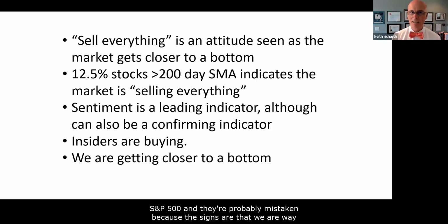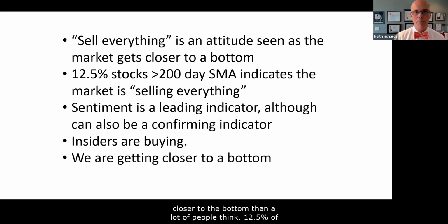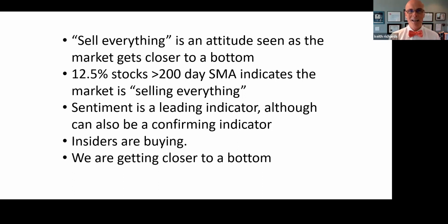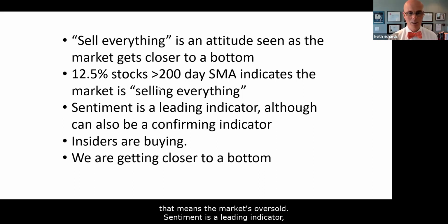They're probably mistaken, because the signs are that we are way closer to the bottom than a lot of people think. 12.5% of stocks are above the 200-day moving average on the S&P. That means there's a whole lot more that are below. That's a condition I look for if you ever take my technical analysis course: if you've got a big gap below the 200-day moving average, that means the market's oversold.